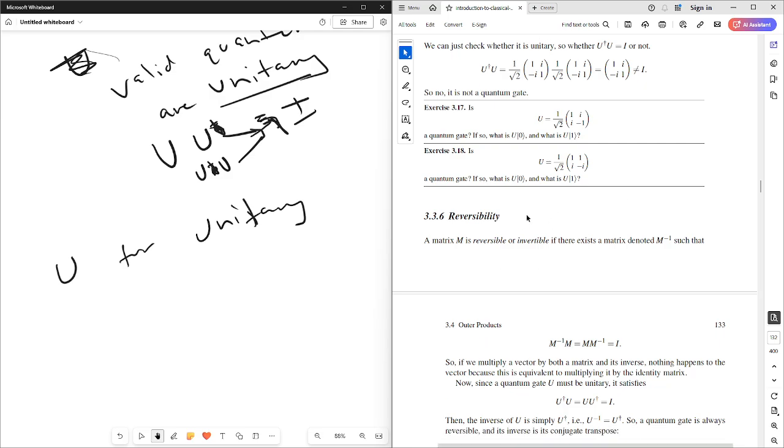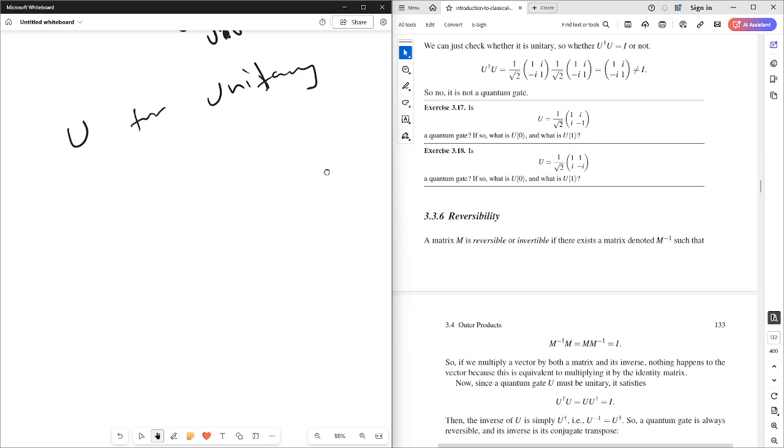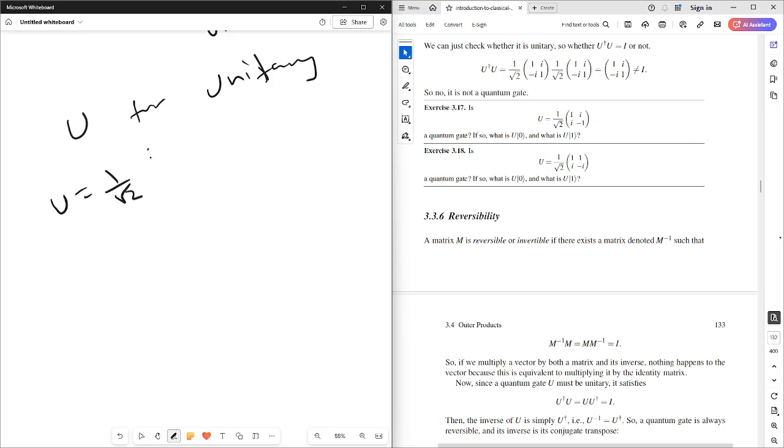All right, let's take a look at 3.17 just to show how to explore this unitariness, shall we say. So U is equivalent to 1 over square root of 2, times 1, I, I, negative 1. Sort of a mixture of a weird Z gate and some other stuff going on there. If we want to know if it's a valid quantum gate, we need to make sure that it's unitary.